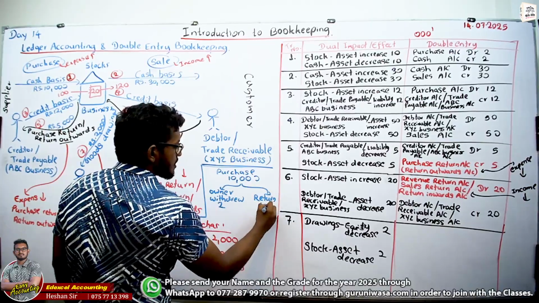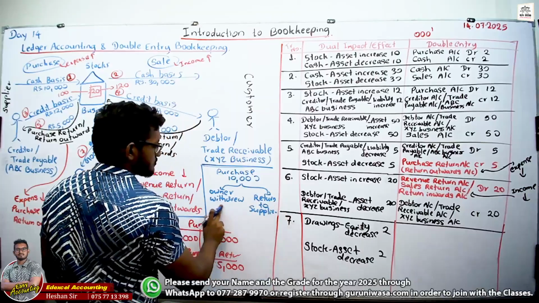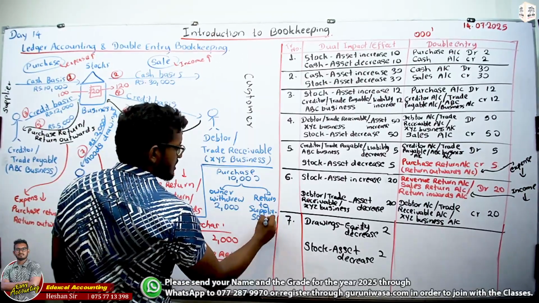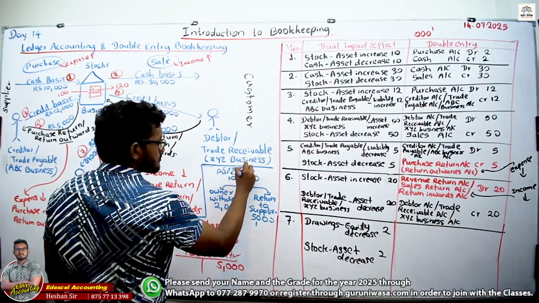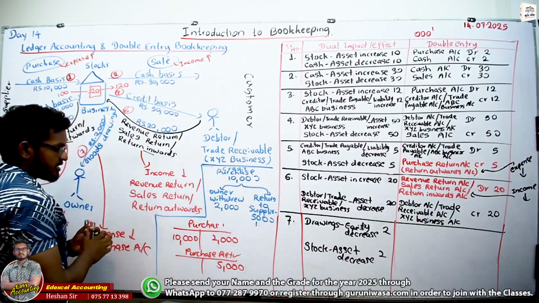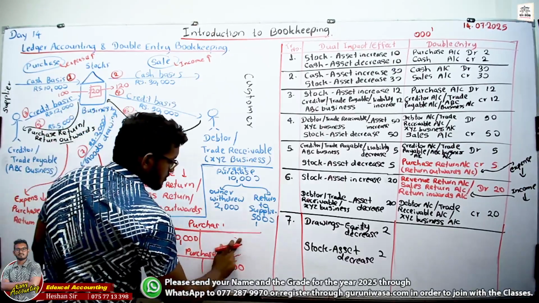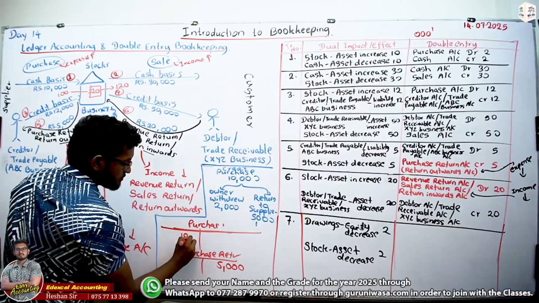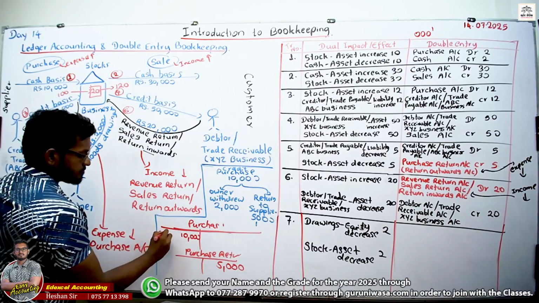Return to supplier 5,000. I think these are credit purchases. When we purchase, we debit to the purchase account 10,000 as creditor.